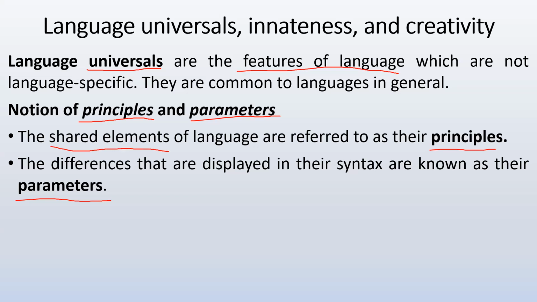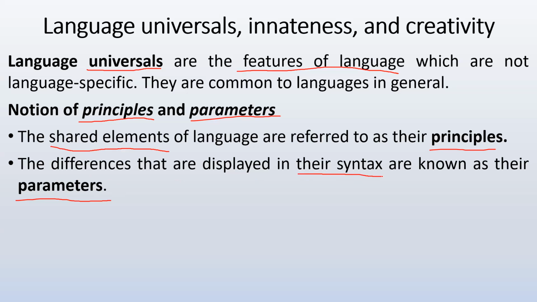They are principles of language, something at the general level, something in common. Whereas parameters are very specific. The differences displayed in their syntax, meaning the grammar of the language, are known as the parameters.